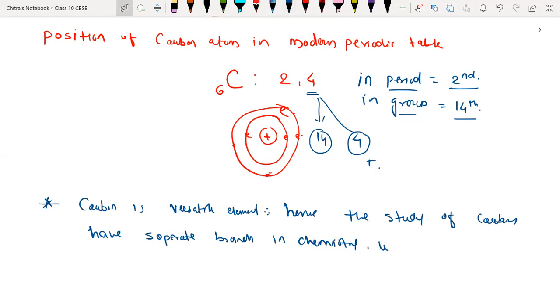Which one is that? It is called organic chemistry, or it is also called the chemistry of carbon atom.